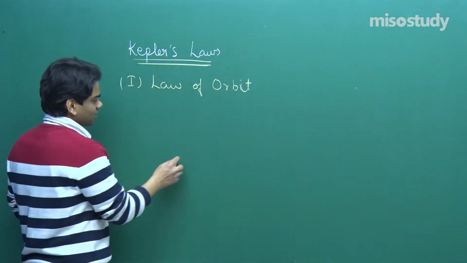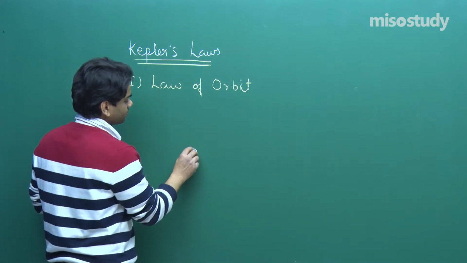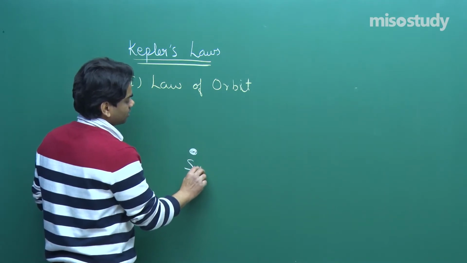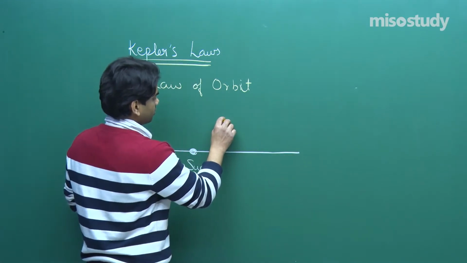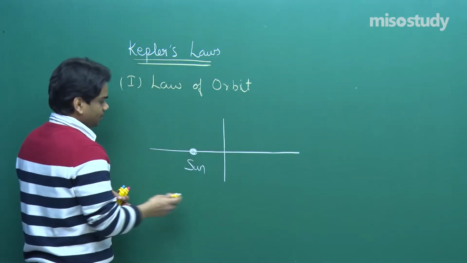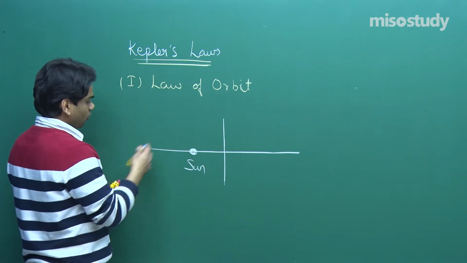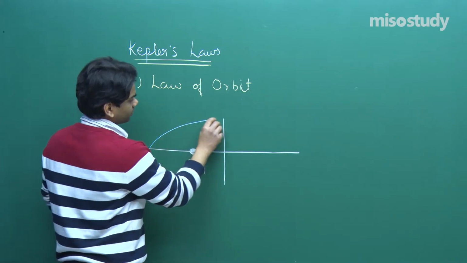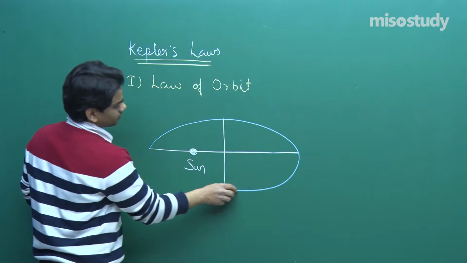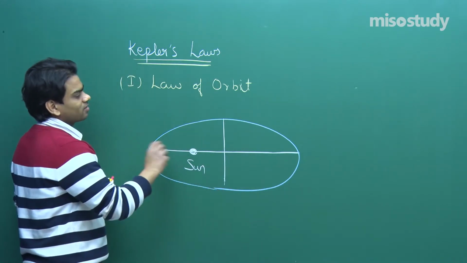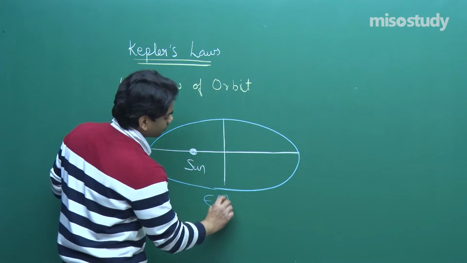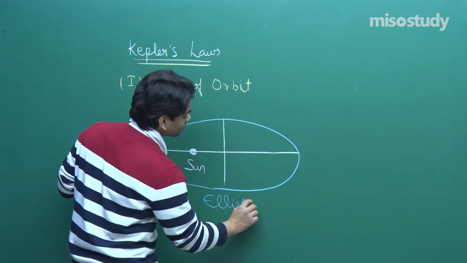In the last class I was telling you, if this is the sun, and the sun is present at the focus of one of the elliptical orbits, the planets will be revolving all around here. This is the orbit of the planet, an elliptical orbit. This is what we studied in the previous class.